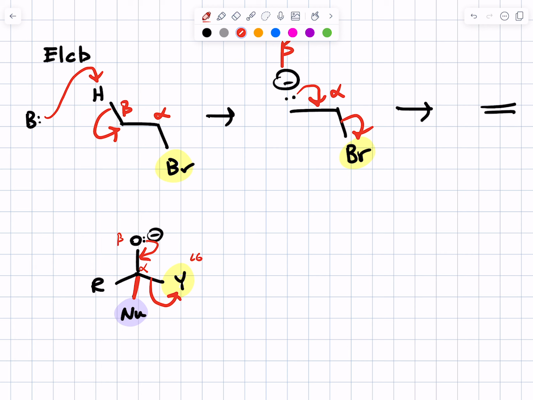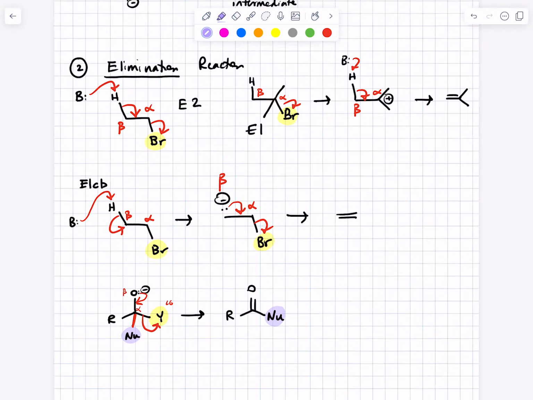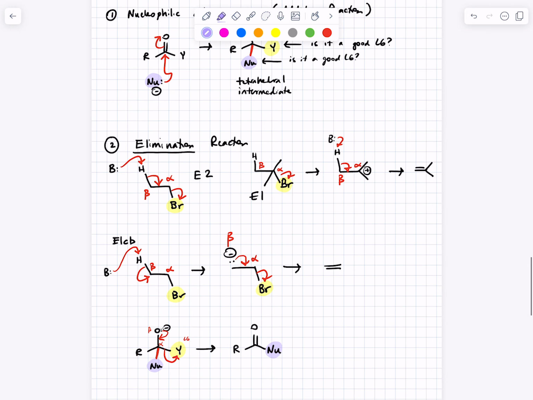So you got to pay attention to, is the Y group a good leaving group? Okay, if the Y group is a good leaving group, you can expect an elimination reaction to occur in which the nucleophile replaces what was originally the Y group.